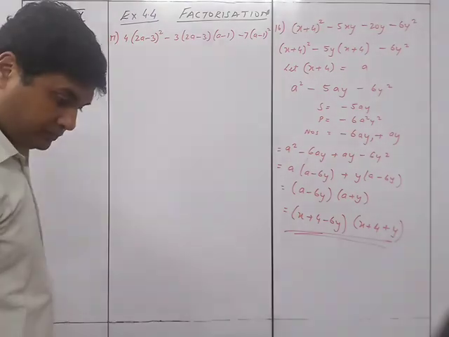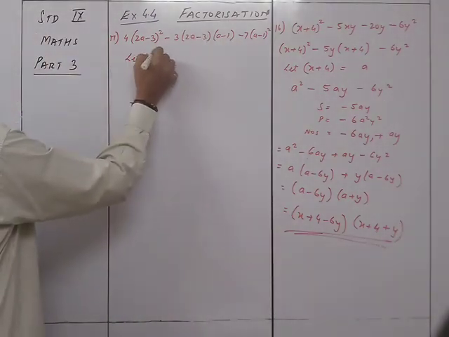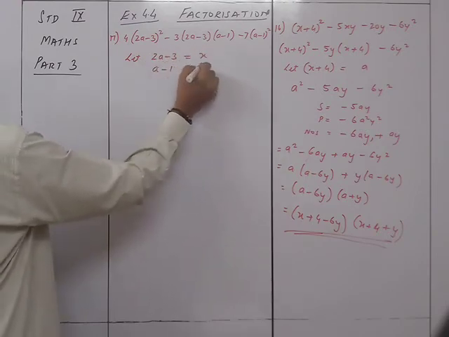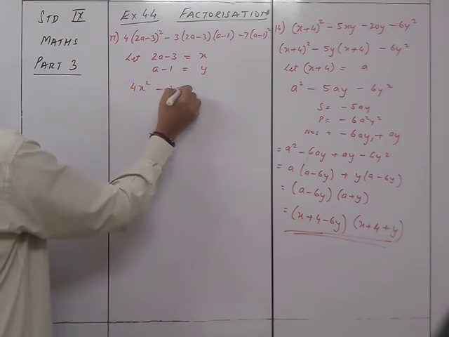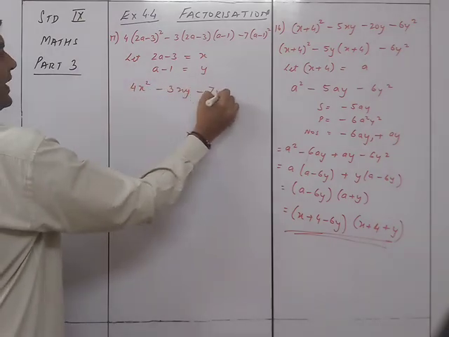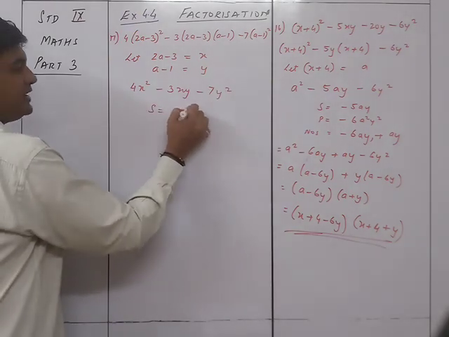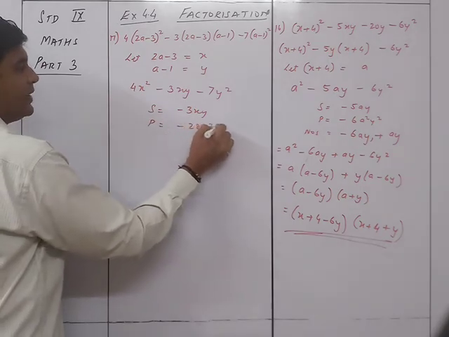Okay. So to make it simple, we'll take let 2a minus 3 is equal to x and a minus 1 is equal to y. So the equation becomes 4x square minus 3xy minus 7y square. So accordingly we have the sum to be minus 3xy and the product to be minus 28x square y square.